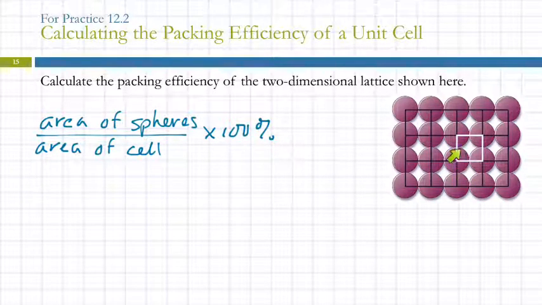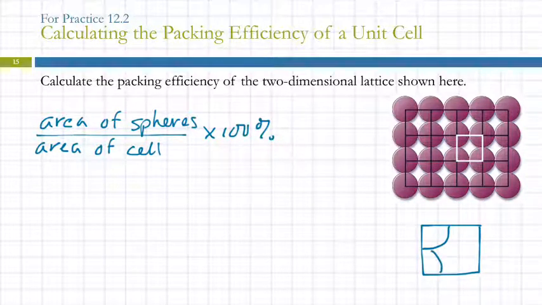So if we're looking at this unit outlined here, let's call the radius of an atom r. Okay? And I'll make another one down here. Something like that, right?